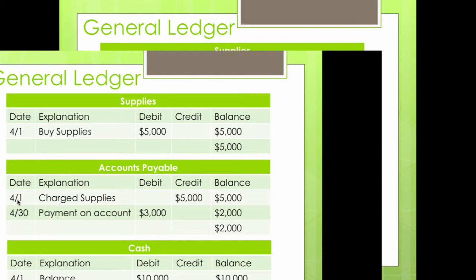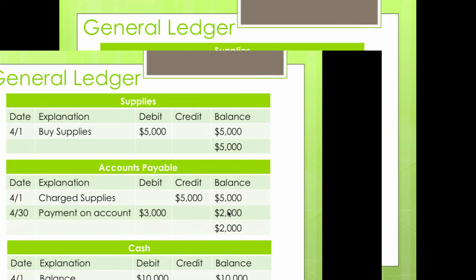So on April 1st, you charged supplies on the accounts payable account for a credit of $5,000, and the balance was $5,000. And on April 30th, you made a payment on that account for $3,000 as a debit, so your new balance is going to be $2,000.